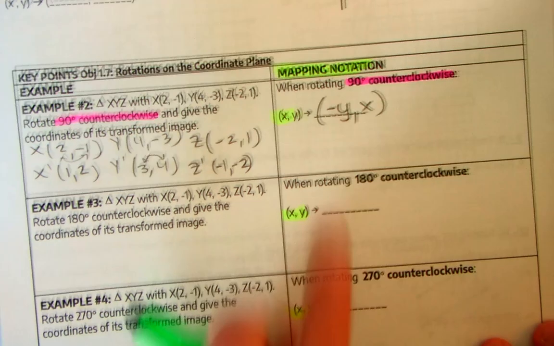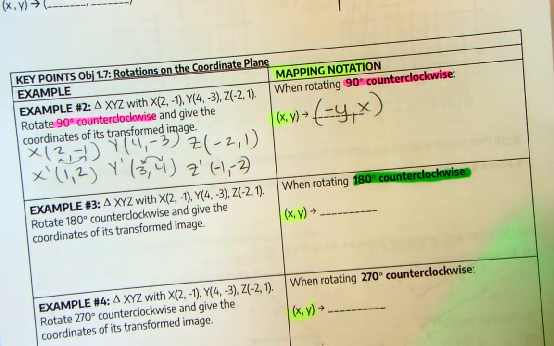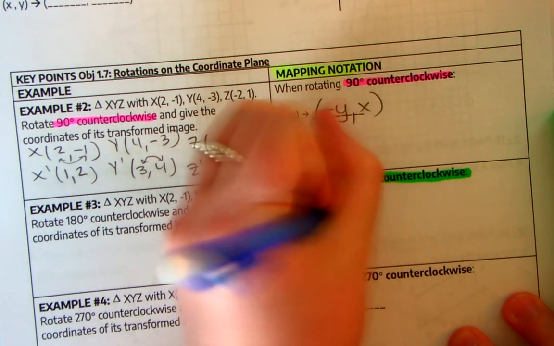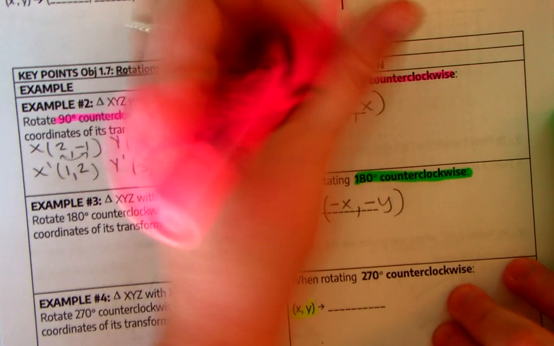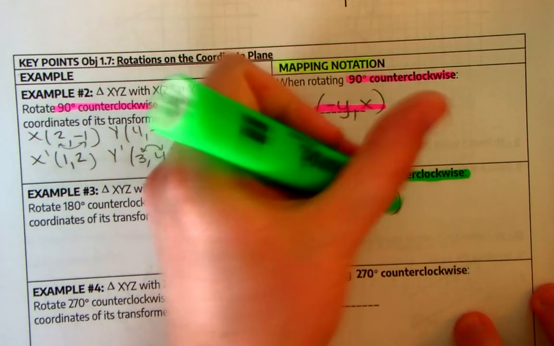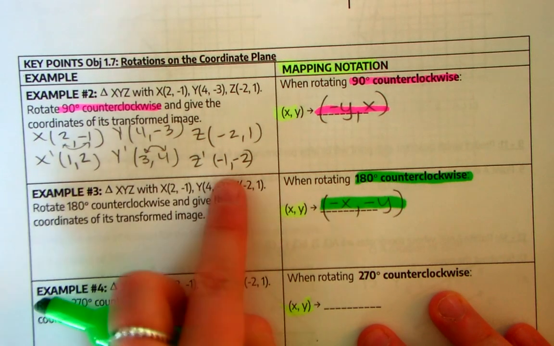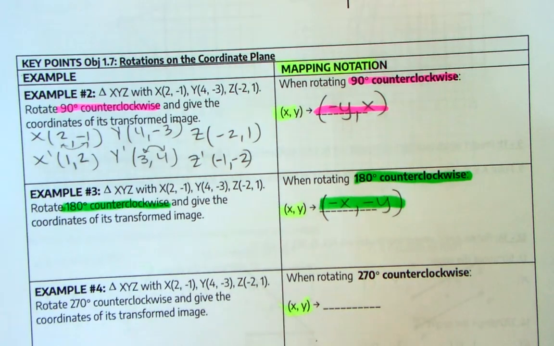Let's talk about what happens when we rotate 180 degrees counterclockwise. When that happens, (x, y) will map to (-x, -y). Okay? So this was the 90 degree rule. This is the 180 degree rule. If we take our triangle again, we have those 3 points, and now we're rotating 180 degrees counterclockwise.